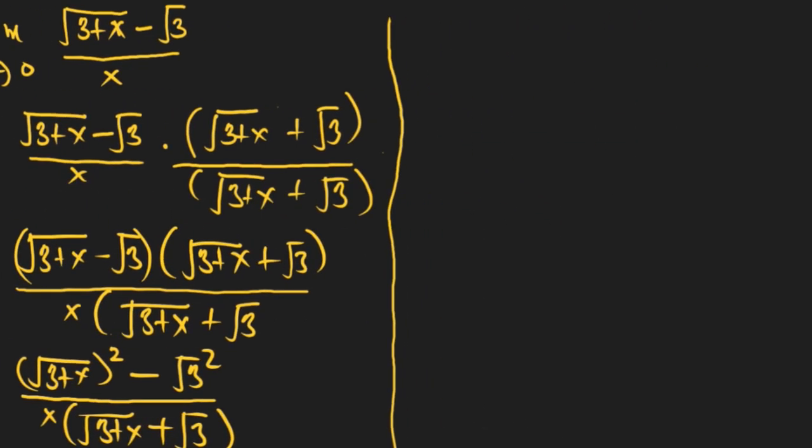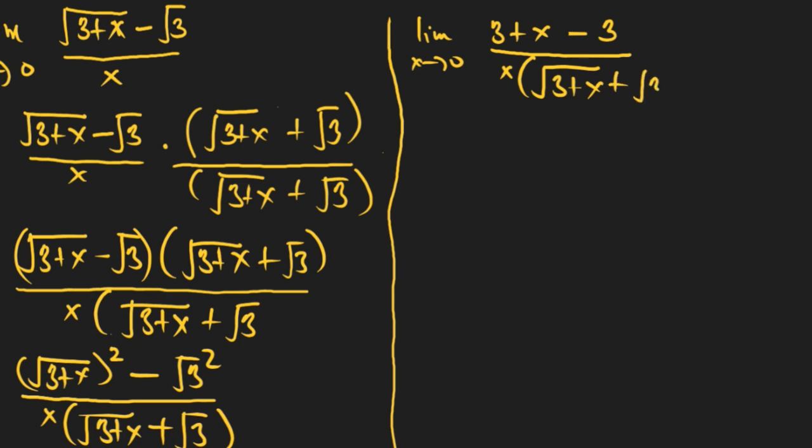Alright, so with this, the root and the square cancel out. So I'm going to have the limit as x approaches 0 of 3 plus x minus 3 all over x into brackets root 3 plus x plus root 3.